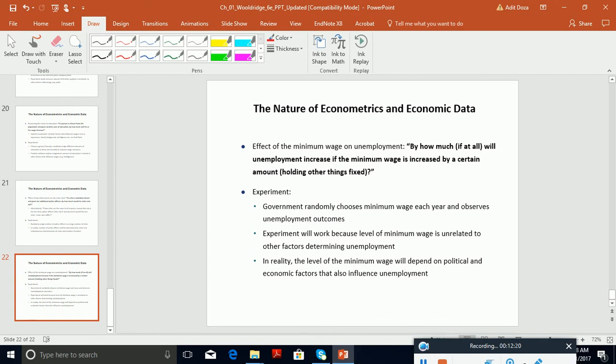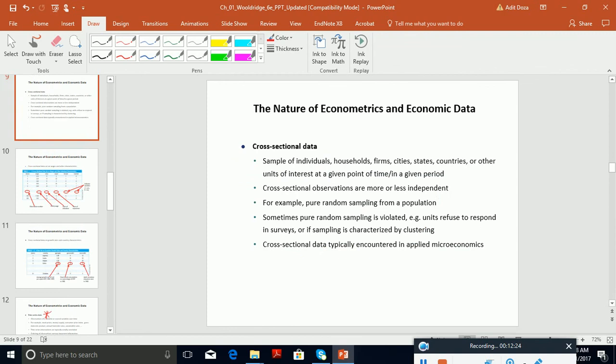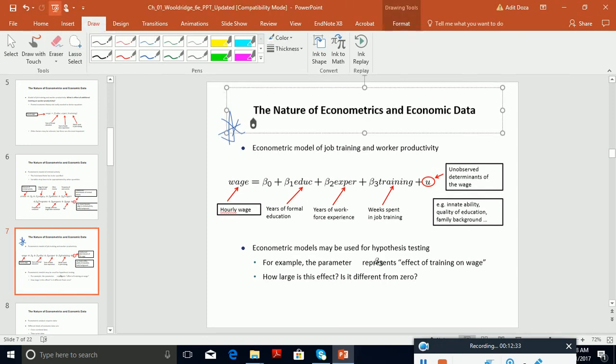So that's from chapter 1, only 22 slides, but you need to know only the definitions, and slide 7, because I can ask what is u here, or unobserved characteristics.